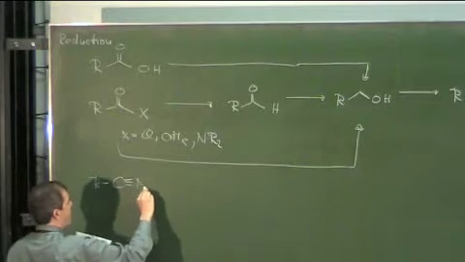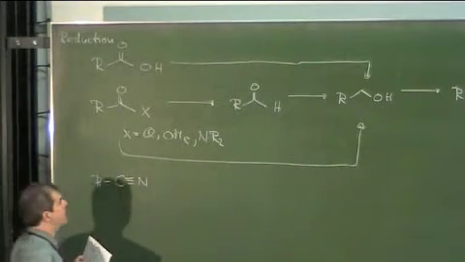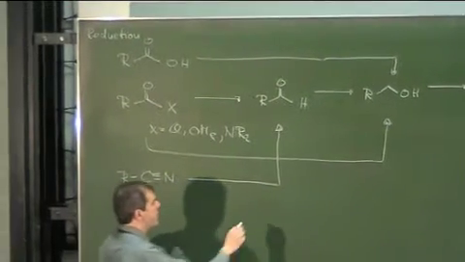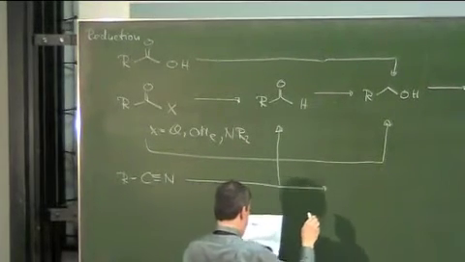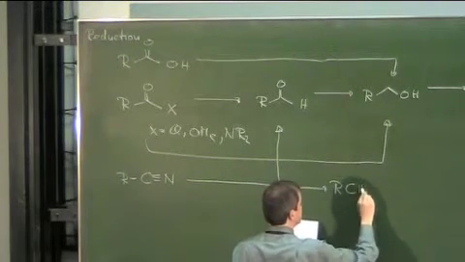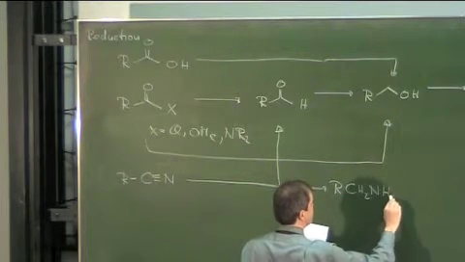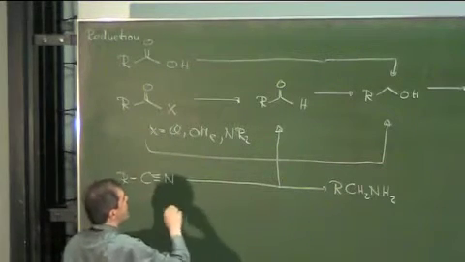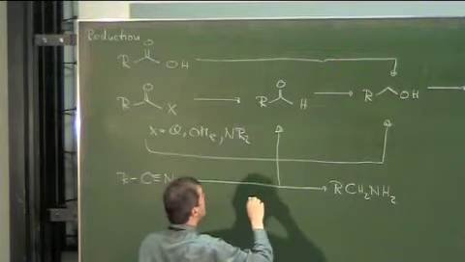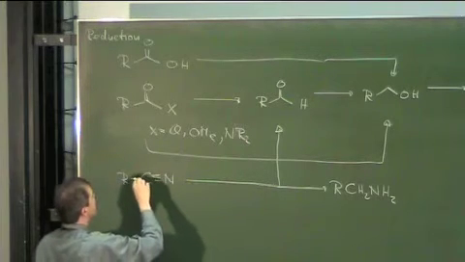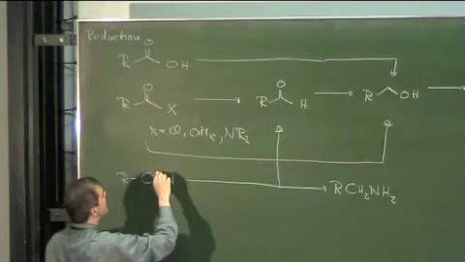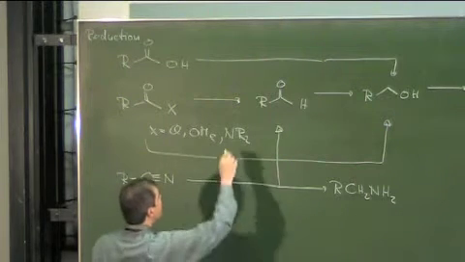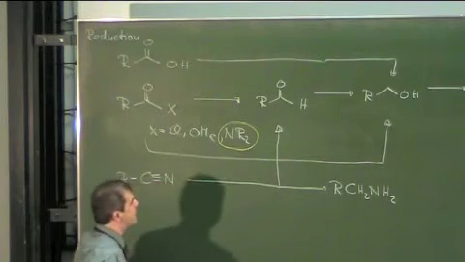And let's put up some other functionalities you can easily reduce. Nitriles: there are methods to make either the aldehyde or to reduce it to the amine. You can see that this can easily become a little bit confusing if you have amides here.